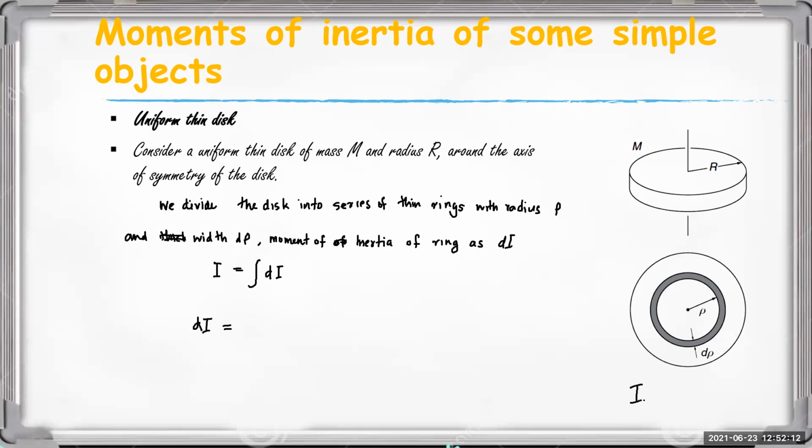What is the expression for I of ring? I of ring is equal to the mass of the ring into the radius square of the ring. So first we have to get the mass of this ring, and the radius is rho here.